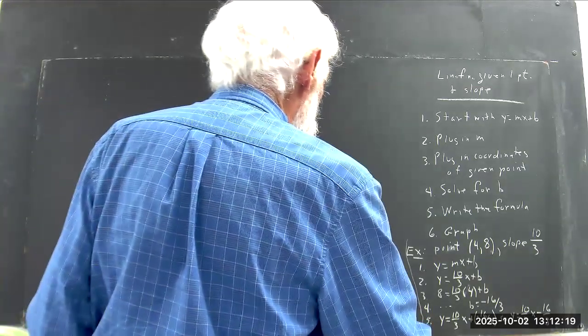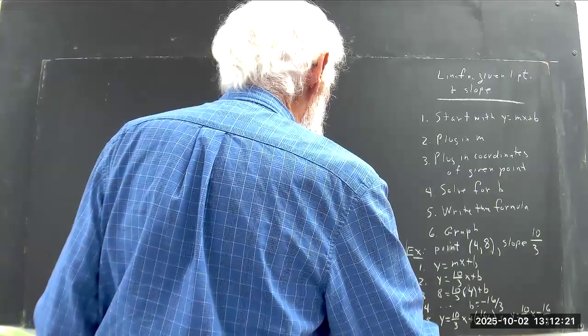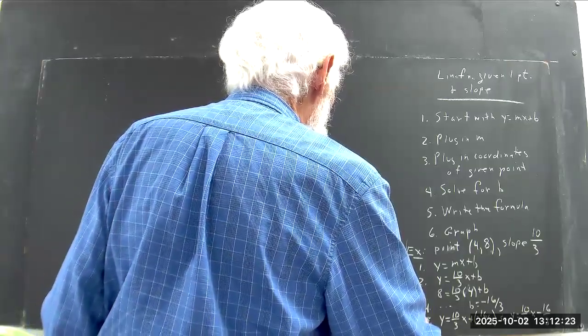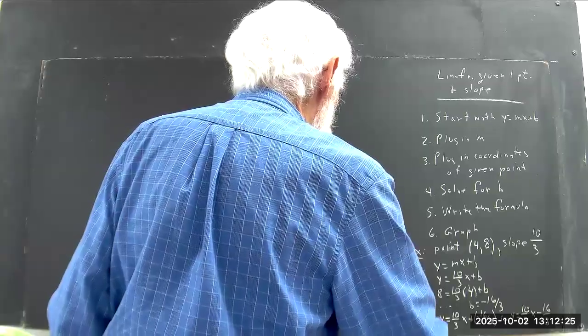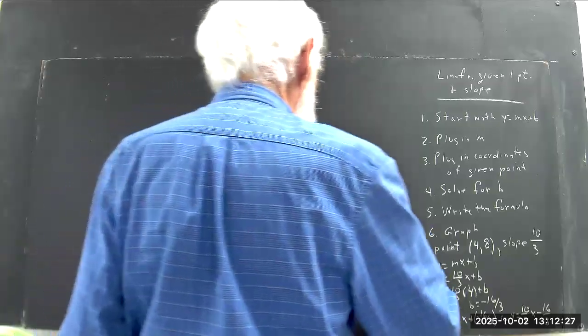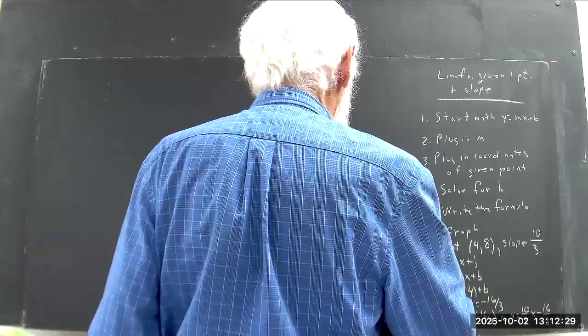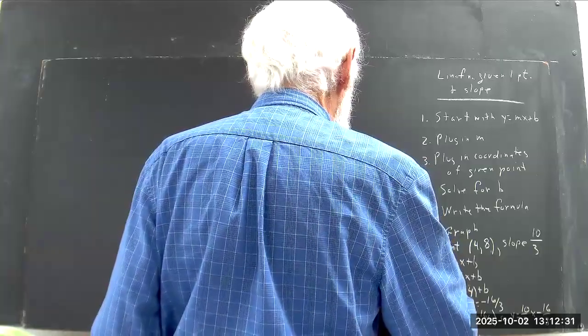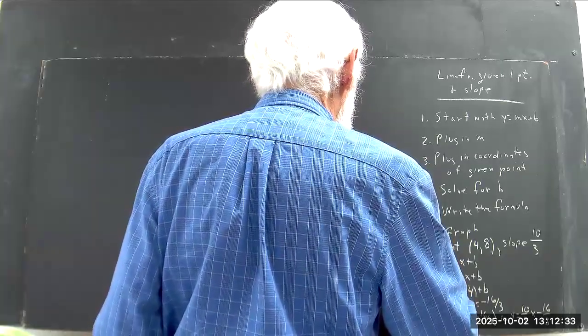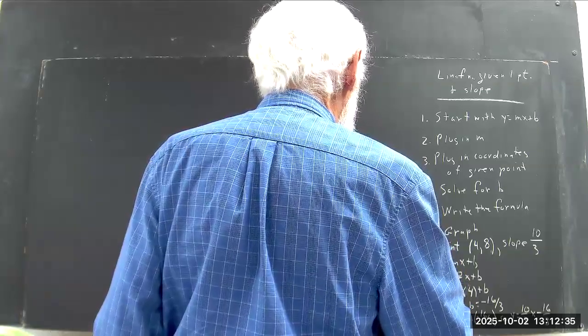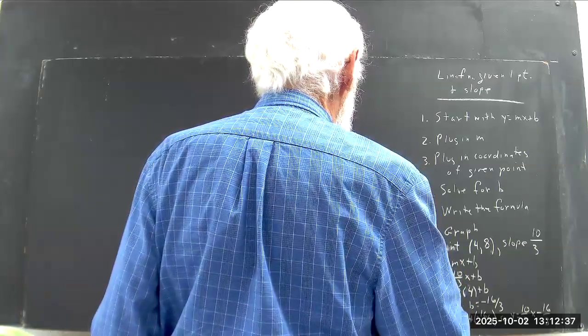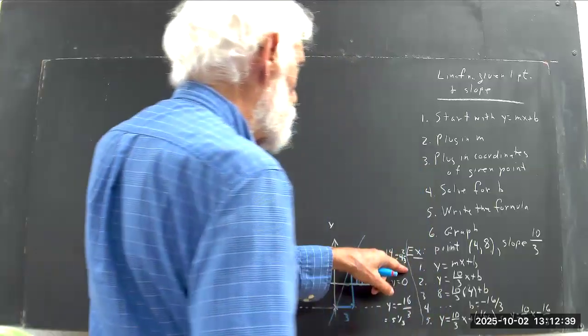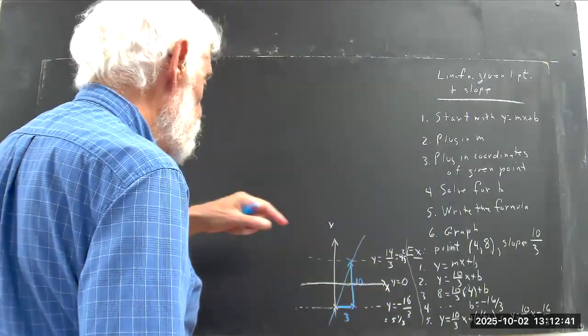Now, -16/3 is -5 1/3. 14/3 is 4 2/3. That 3 is not going to be legible no matter what I do.